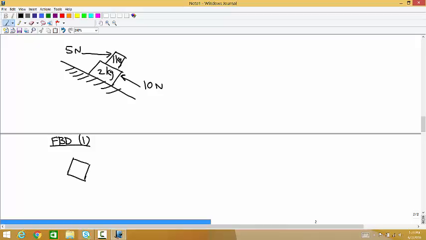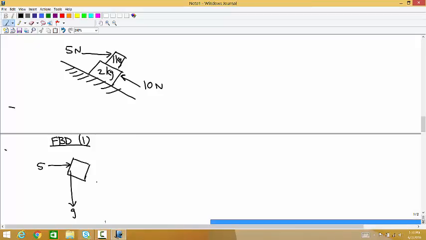So there's the 1 kilogram box. There's a weight of 1 times g. And now going around looking for contact, there's a 5 newton force pushing to the right. And then when we get to the bottom, there's a friction contact. And so we're just going to treat that as an unknown force vector.